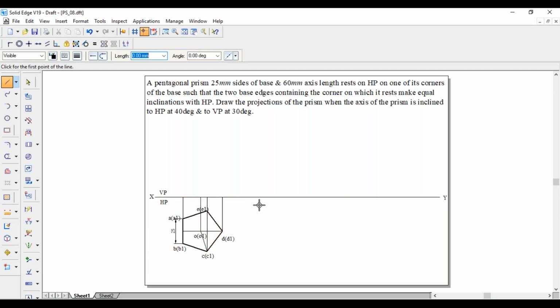Now as it is a prism, the axis and longer edges are parallel to each other. So from this point only, draw a vertical line of 60 mm. Similarly from here, a vertical line of 60 mm.